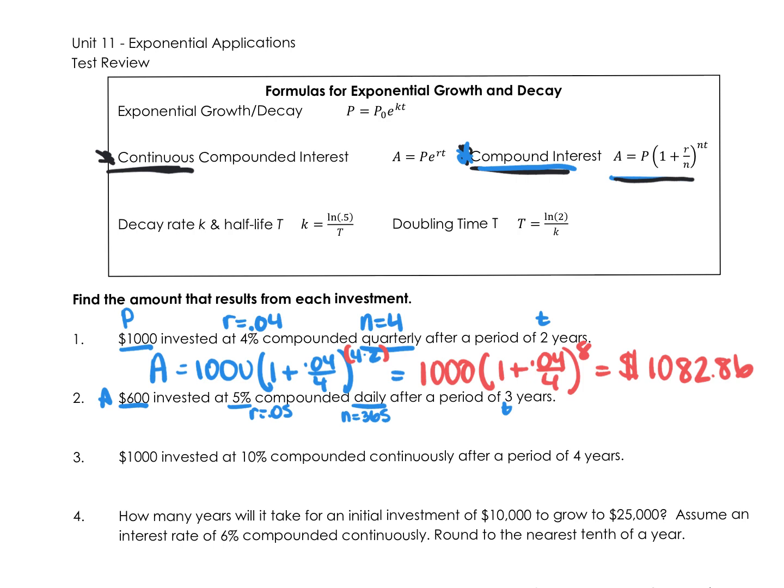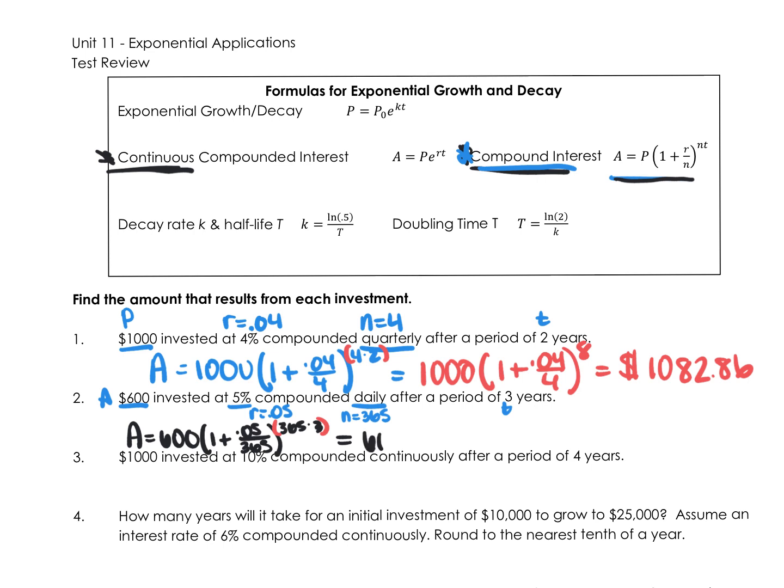So we'll have A is equal to P, 1 plus 0.05 divided by 365 to the 365 times 3. So if you, again, make sure you multiply these together first or put parentheses around them when you're doing that.